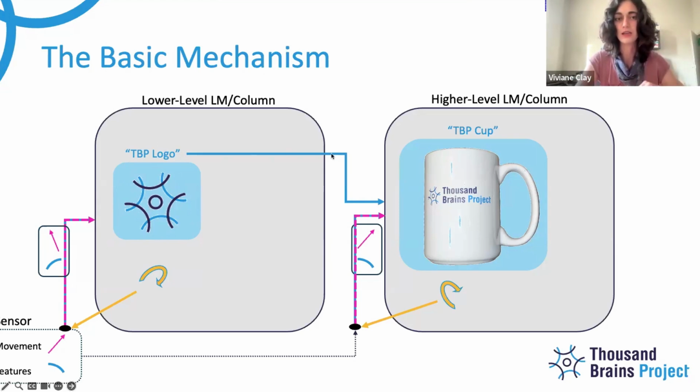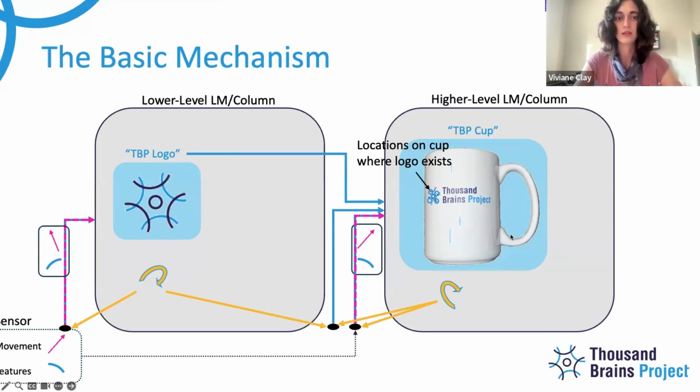And this object ID can then become a feature on this object. For example, we would say that here and here and here, at these locations, the logo exists on the cup. The logo is a feature on the cup at these locations. Additionally, we want to tell it the orientation of the logo relative to the cup.